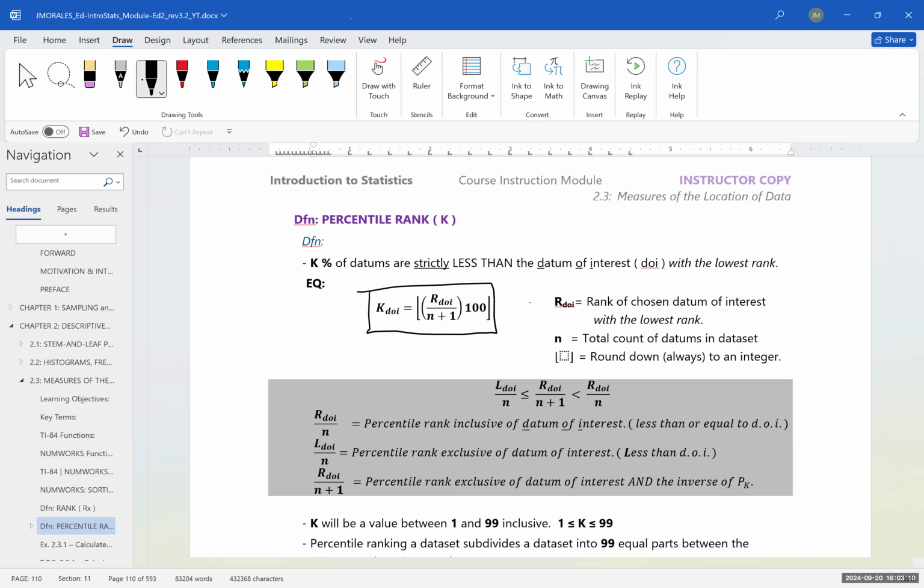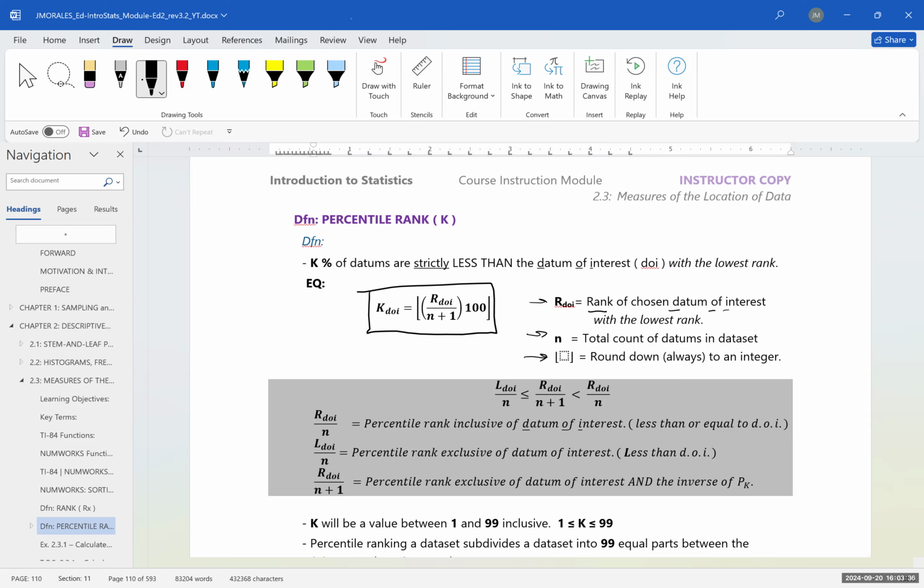On the right-hand side, I've defined what each of the variables and symbols mean in this formula. R with the subscript DOI is the rank of the chosen datum of interest with the lowest rank. N is the total count of datums in the data set.